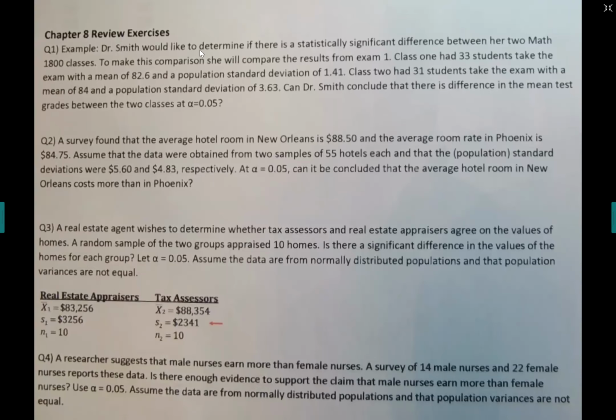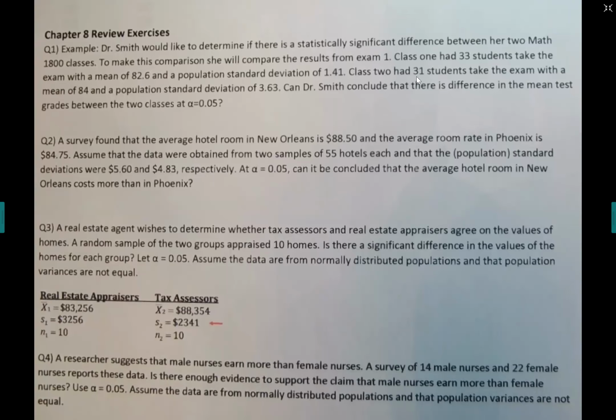All right. To make this comparison, she will compare the results from exam 1. Class 1 had 33 students take the exam with a mean of 82.6 and population standard deviation of 1.41. So he gives you sigma. So you know it's a z-test, not a t-test.